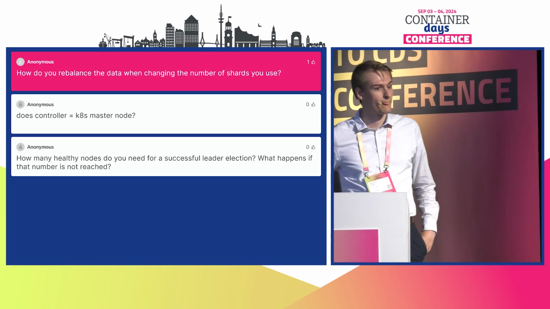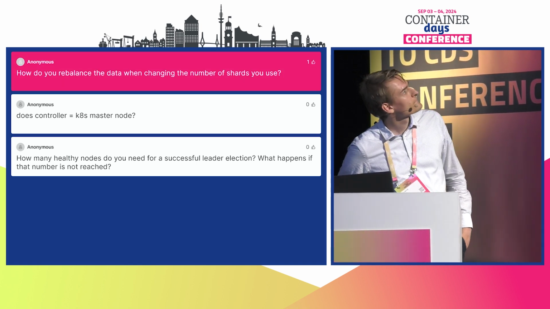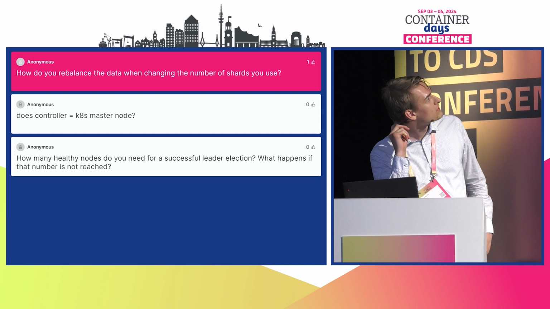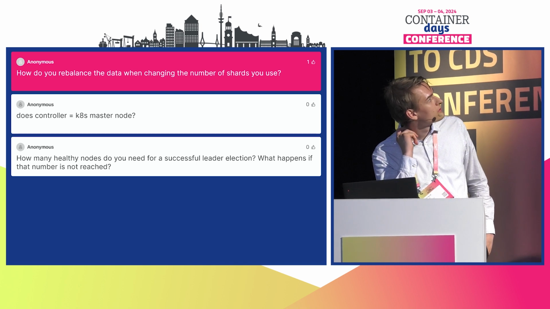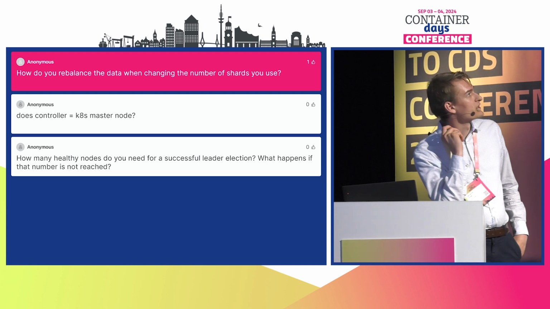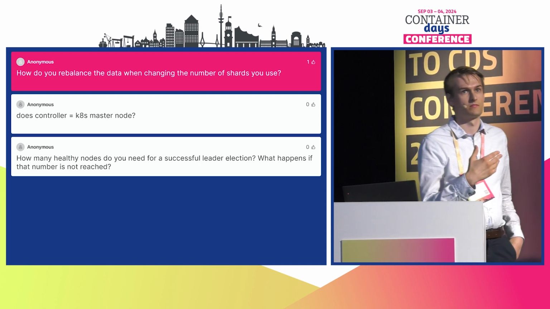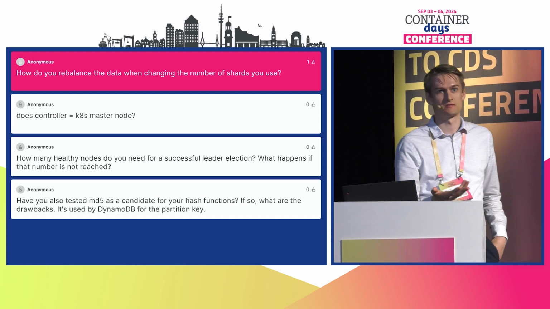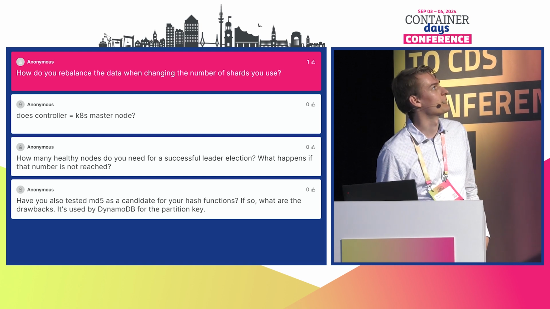Okay, so the first question is, how do you rebalance the data when changing the number of shards that you use? So when changing the number of shards we scale up or down. That is basically a change of number of shards.